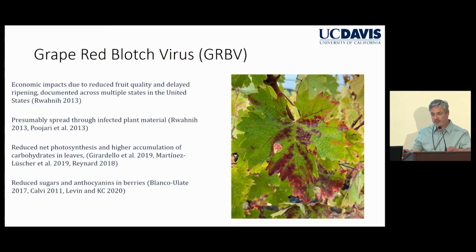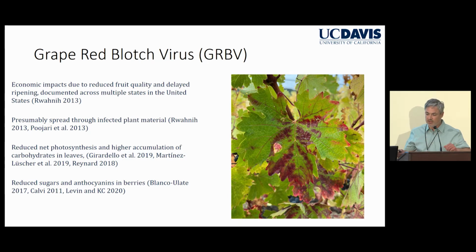So just a bit of general background. The main economic impact of red blotch, and probably the reason why this is a topic of discussion today, is it reduces fruit quality in wine grapes, delays ripening, and is pretty widespread, documented across the United States, presumably spread through infected plant material.